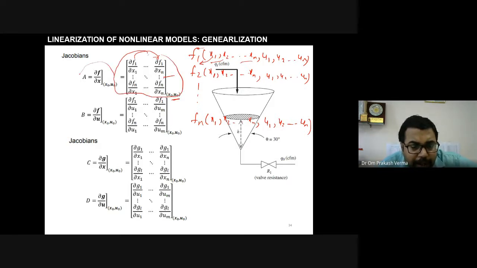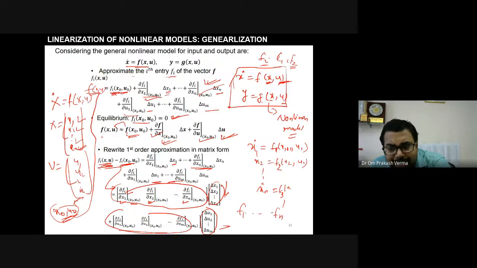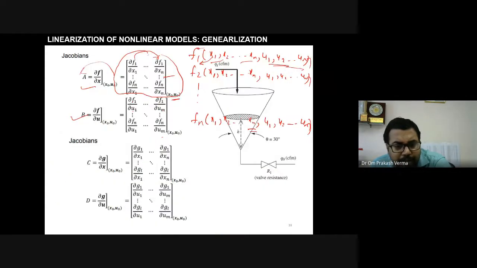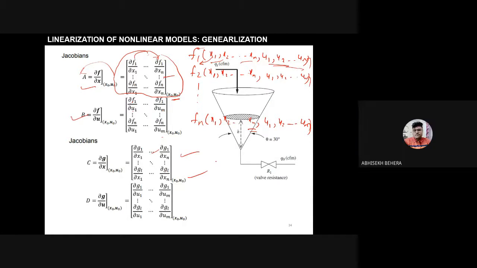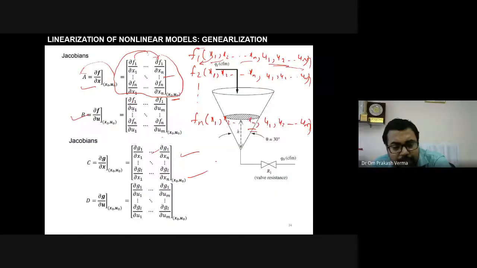In a similar way, we can write for u1, u2, up to um: del f1 by del u1, up to del f1 by del um. This is the m number and this is the n number. So we can write the A and B matrices. In a similar way, we can write the C and D matrices for the output equation. Is it clear?